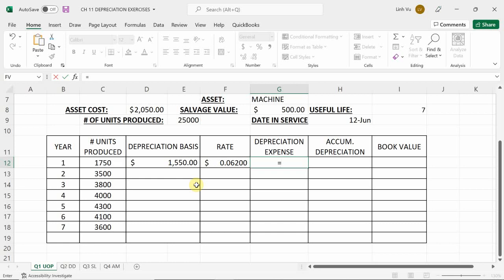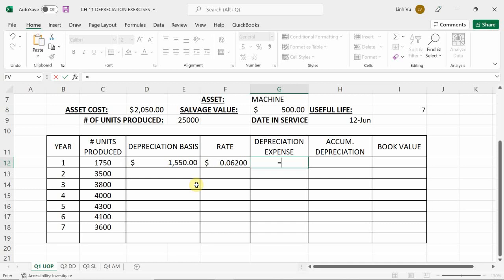Now the number of units, we said 25,000, correct? No, multiply by the total number of units you produced that year.